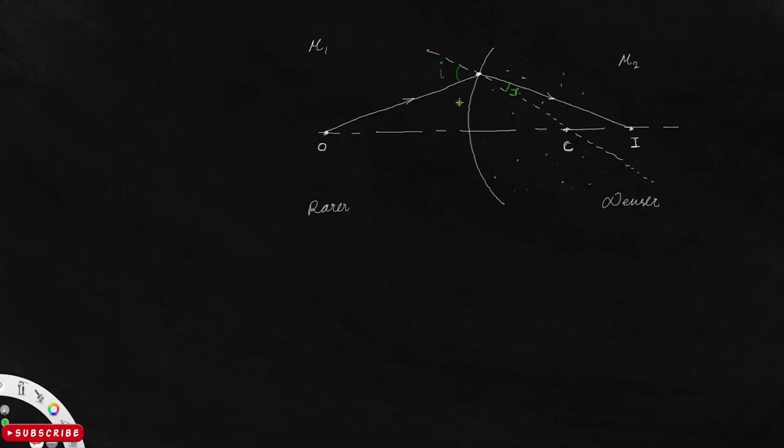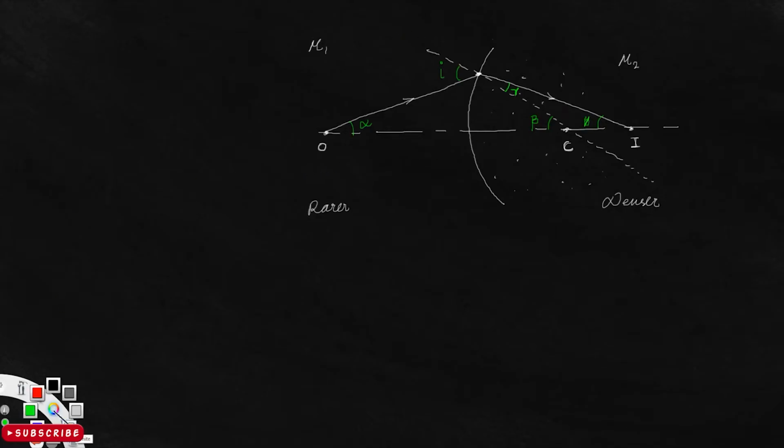Let's call that R. Now let's mark these two angles as alpha and beta, and instead of gamma, let me write phi, because we'll get confused between R and gamma.